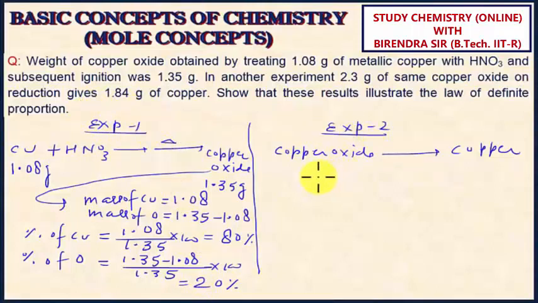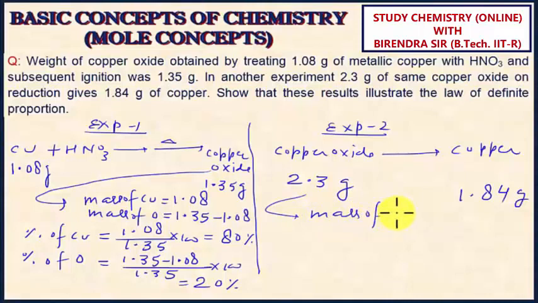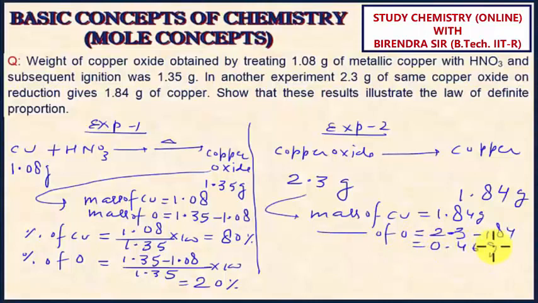In experiment 2, copper oxide given is 2.3 gram and copper is given as 1.84 gram. So whatever copper is present in copper oxide is converted into copper metal. So I can say mass of copper is 1.84 gram and mass of oxygen is equal to 2.3 minus 1.84, which I can write as 0.46 gram.